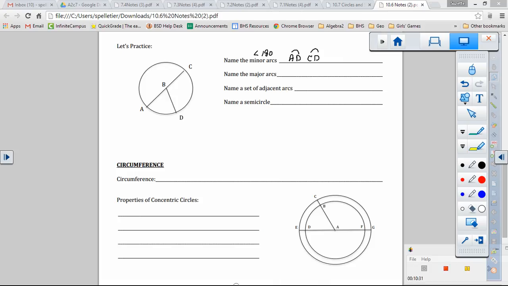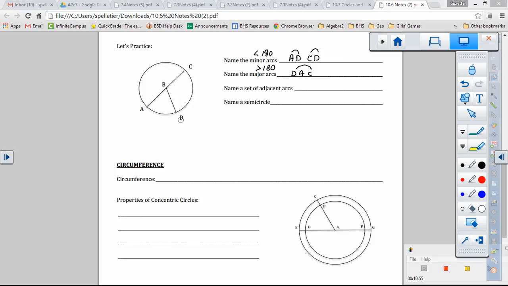Okay? A major arc has to be greater than 180 degrees. So you could have said arc DAC, starting here at D, going around to A, going around to C. So that whole section is greater than 180.